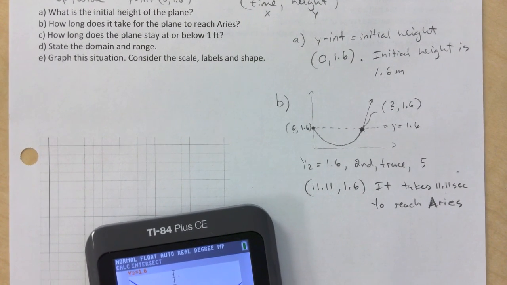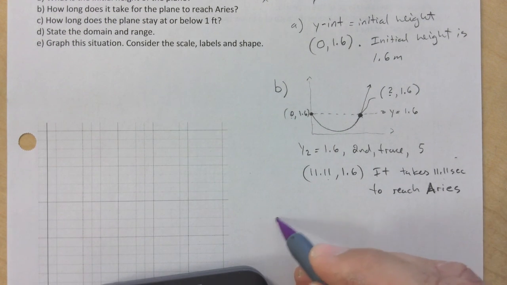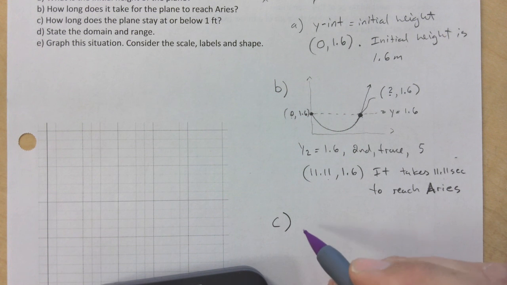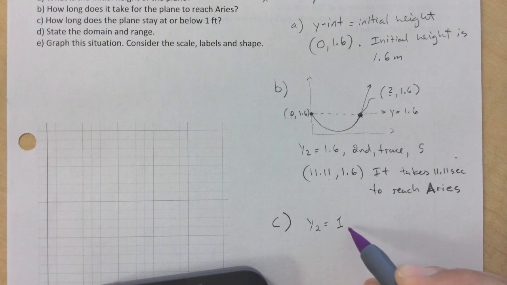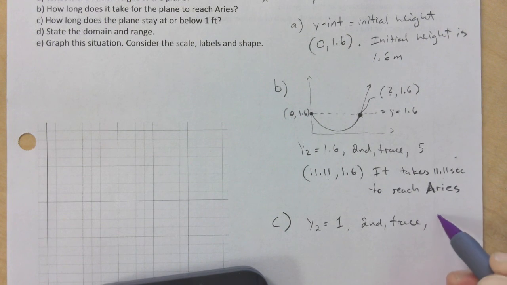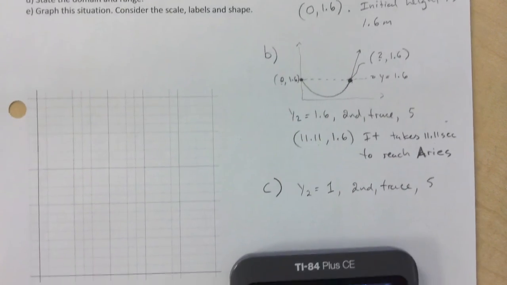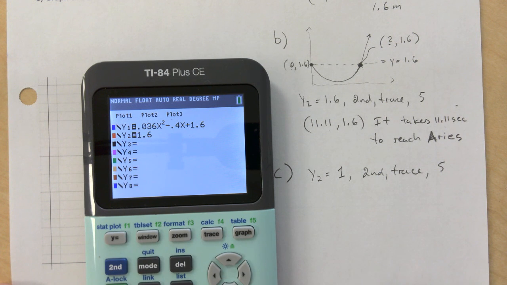How long does the plane stay at or below 1 foot? So what we're going to do there is make our y2 equal to 1. Second trace, 5. And what is this going to look like? I'm going to change my y2 to just 1.